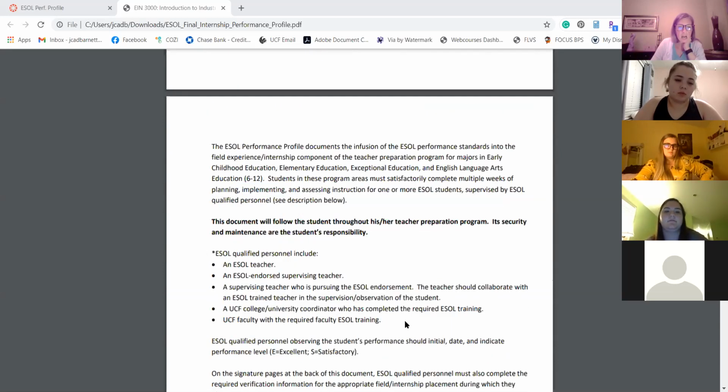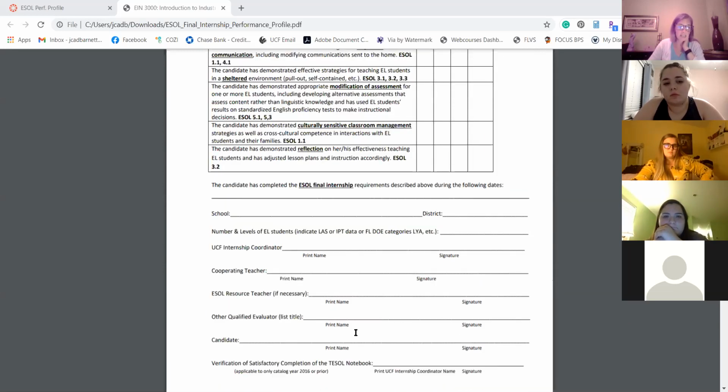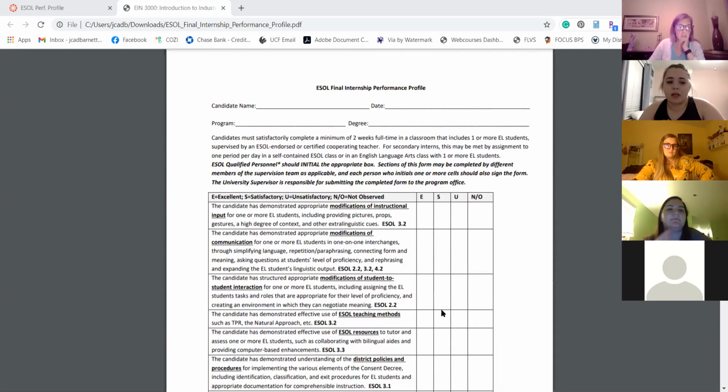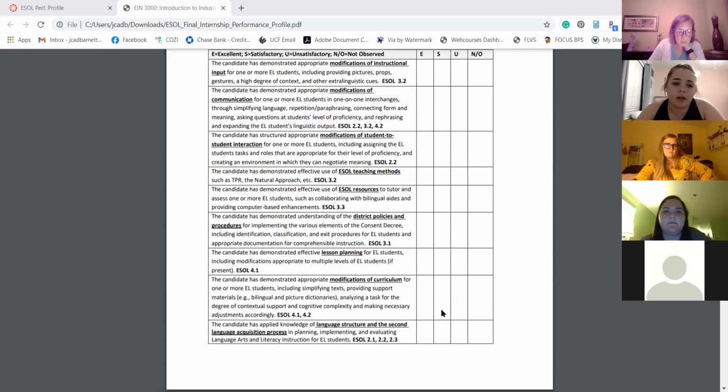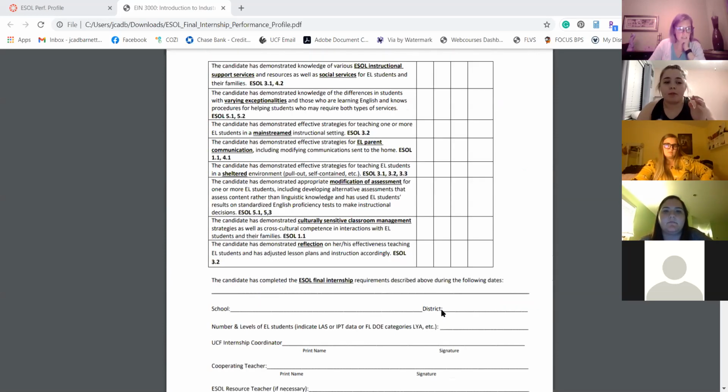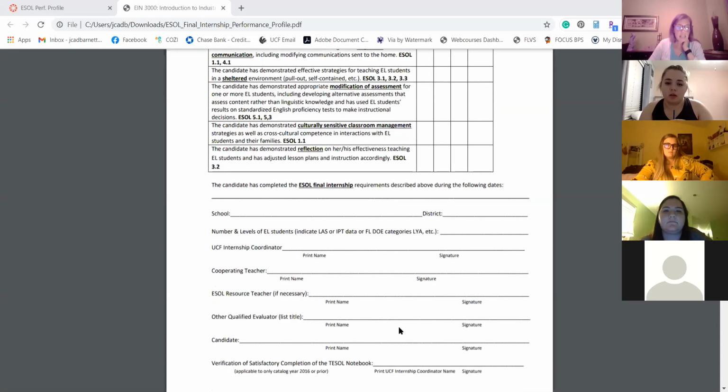Okay. From my experience in the last 2 semesters, the only thing that has been required is this signed off. Or it's saying that it needs to be a certified teacher. If they're certified to be a supervising teacher, that counts, right? Yes.